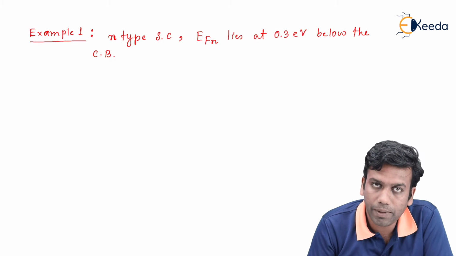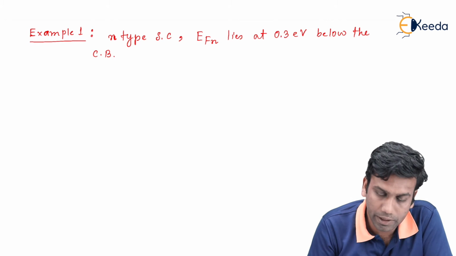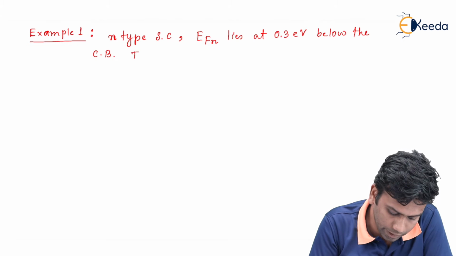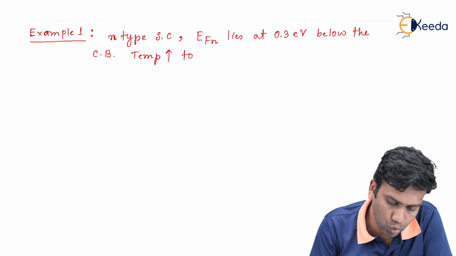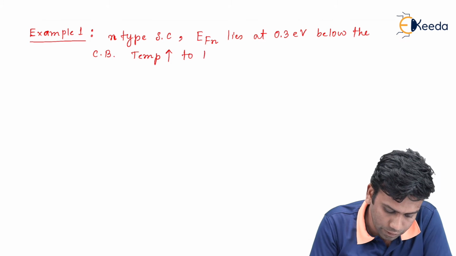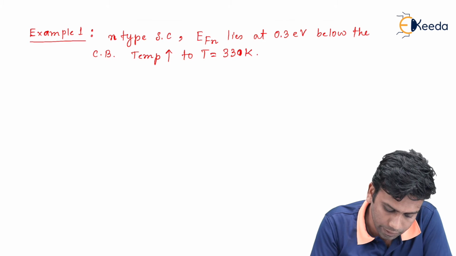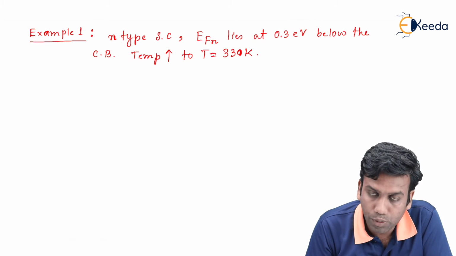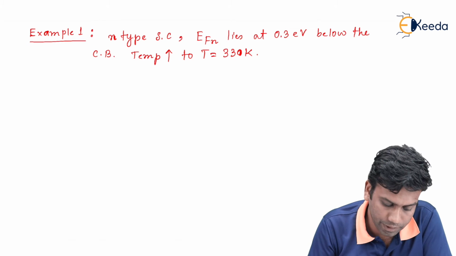Now the temperature of this n-type semiconductor will be increased. So let us assume the temperature is increased to T equals 330 Kelvin. Now what will be the position of the Fermi level at this given temperature?